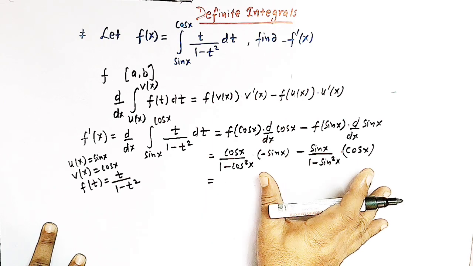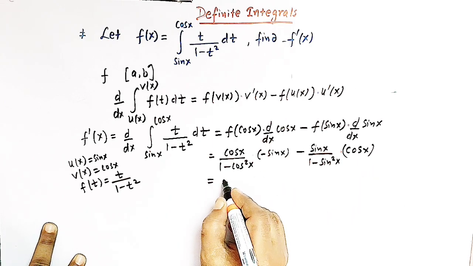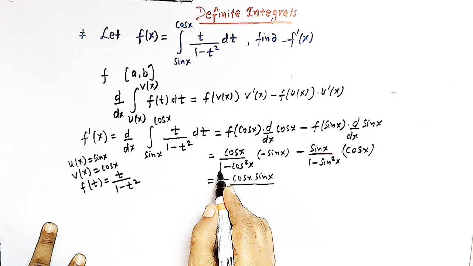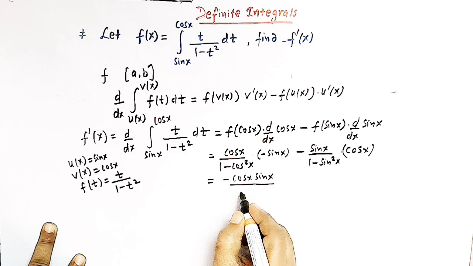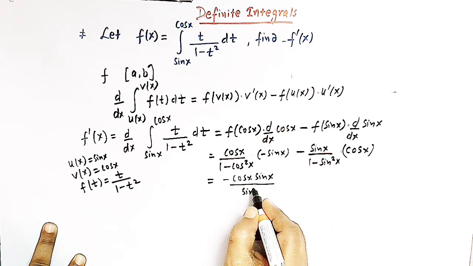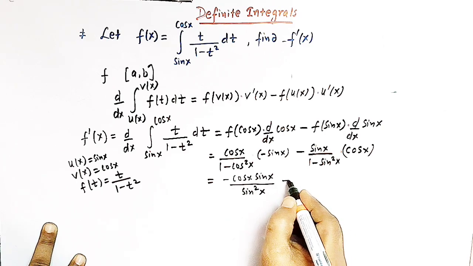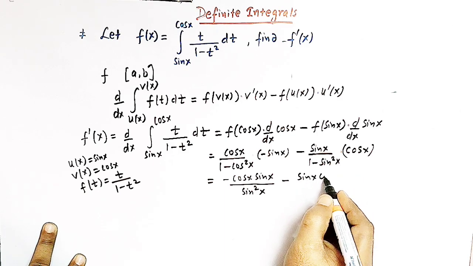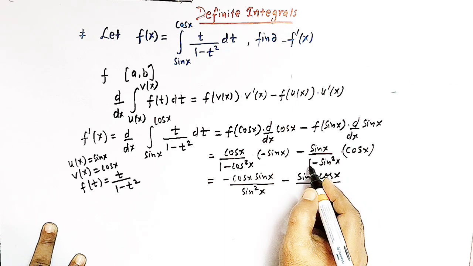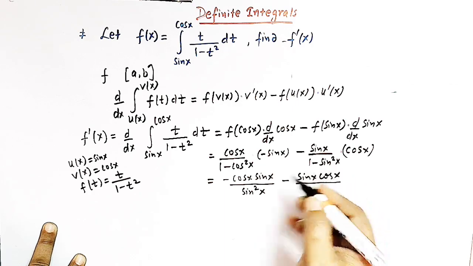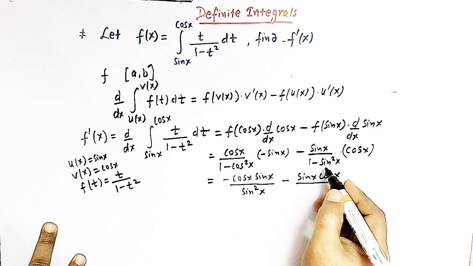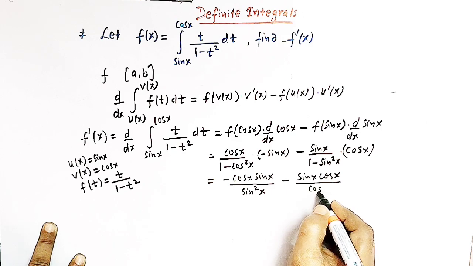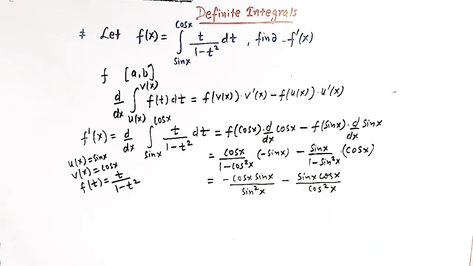So let us simplify this expression. So we have minus cos x sine x, and from trigonometry we know that 1 minus cos square theta is equal to sine square theta, so we have sine square x, and here we have minus sine x cos x, and in the denominator we have 1 minus sine square x. So from trigonometry we know that 1 minus sine square theta is cos square theta, so here we have cos square x.